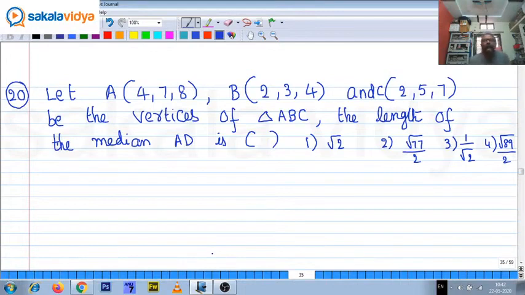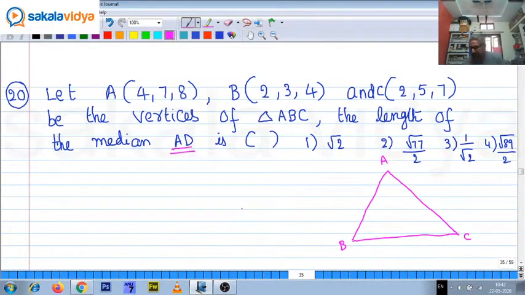Okay. So first let me draw the figure. This is triangle ABC. Here A coordinates given, B coordinates, C coordinates. We need to find out the length of the median AD. So that means D point is the midpoint of BC.